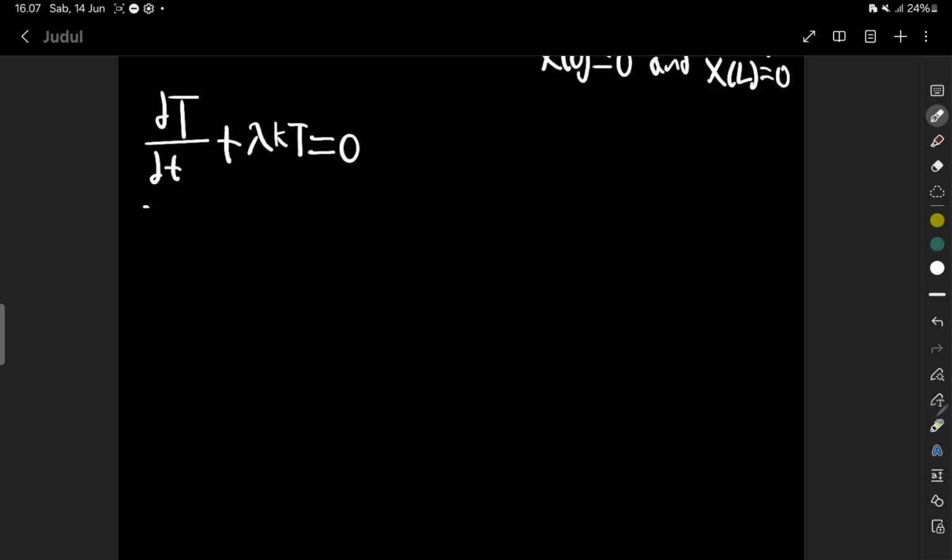Solving this gives T_n(t) equals c_n times exponential with the power of minus k lambda t, that equals c_n e to the power of minus n pi per length squared times t.